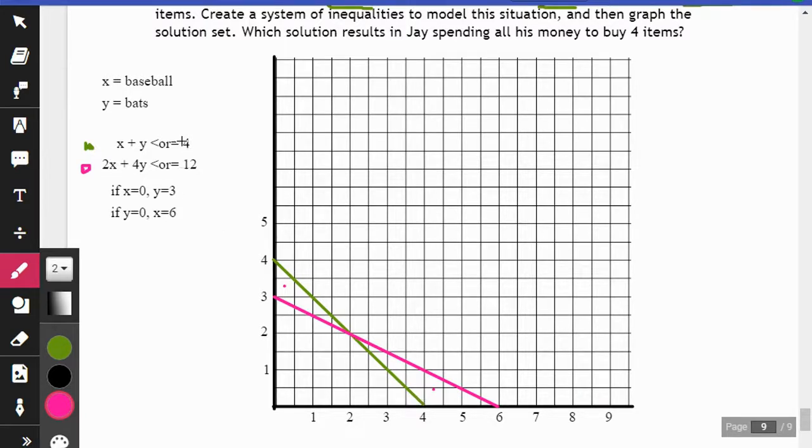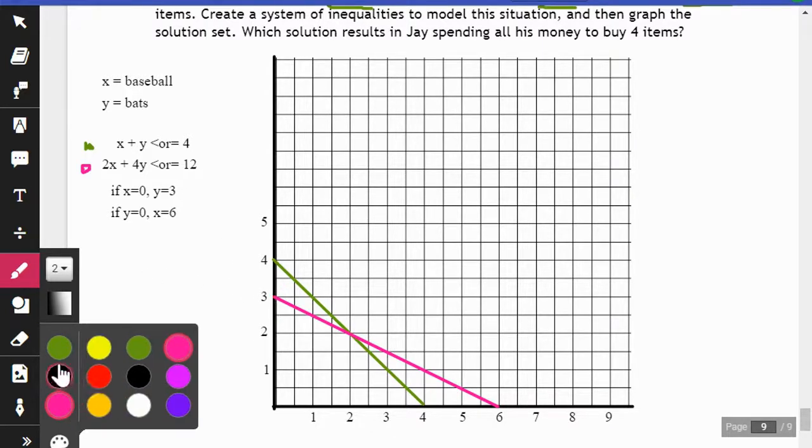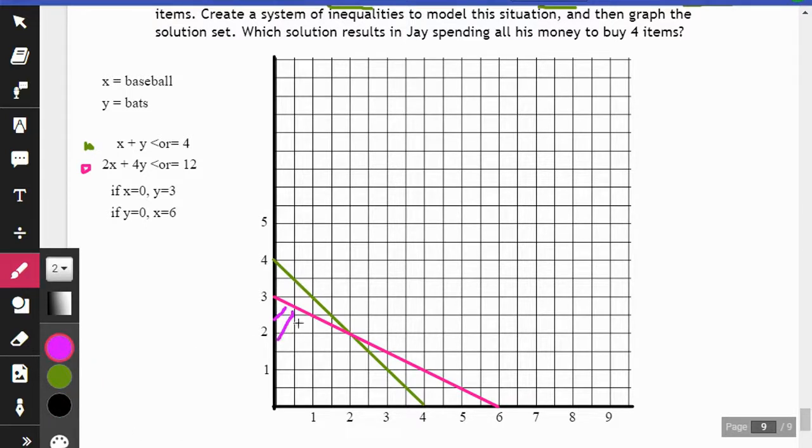That's the right amount, but it's not the right number of things. This is our graph. Most of the time in real life, this is what the graph looks like.